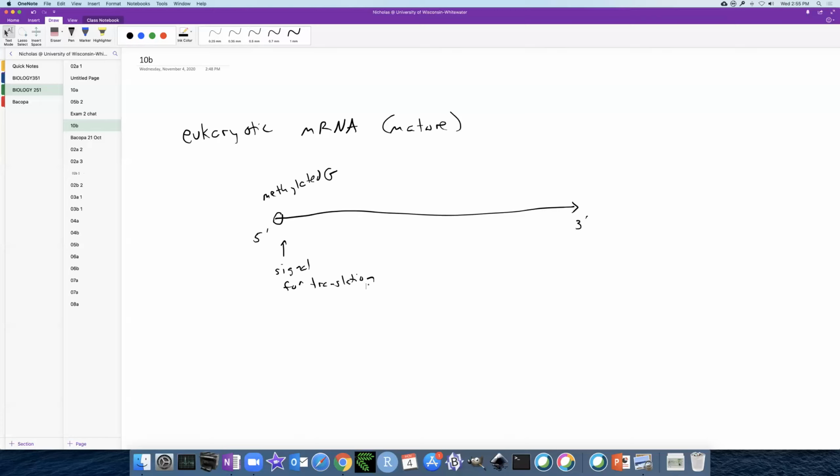And what is the molecule in eukaryotes, I guess in all cells, that is responsible for translation? So for translation to happen, we've got the RNA and the, yes, good answer, ribosome.